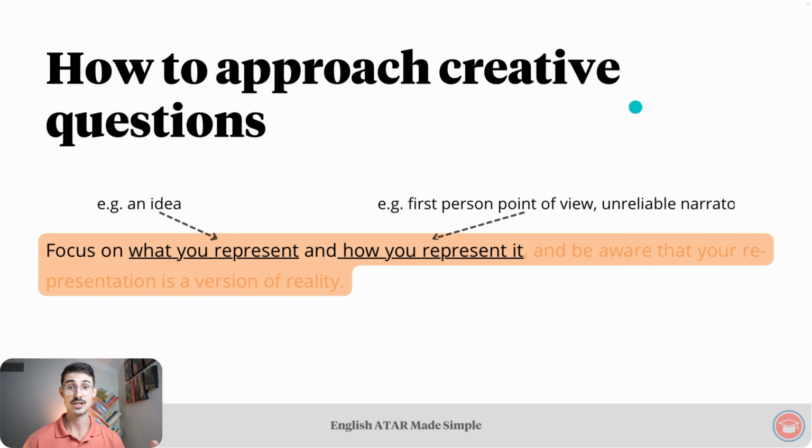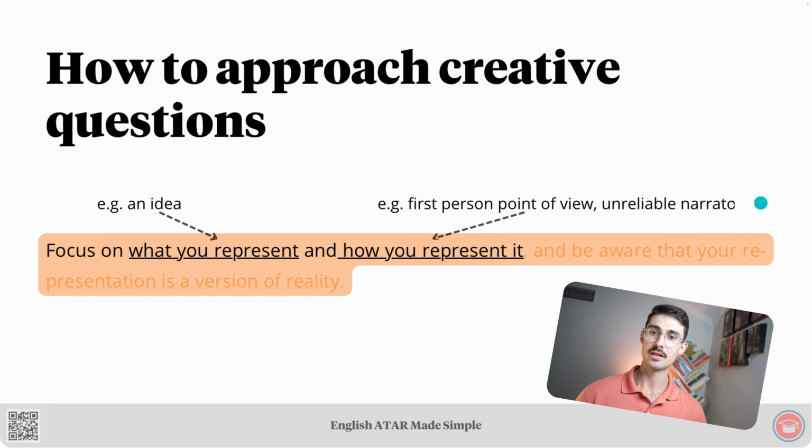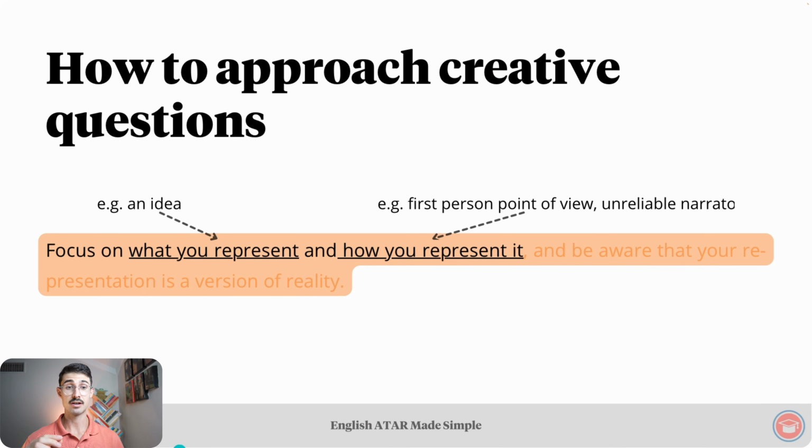For example, you use first-person point of view and an unreliable narrator. So you're focusing on what you represent, how you represent it, and once again, you should be aware that your representation is just a version of reality.